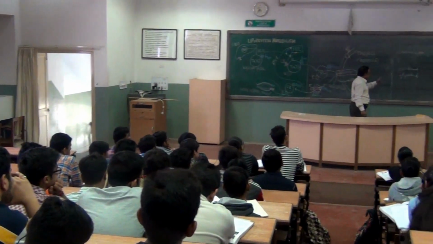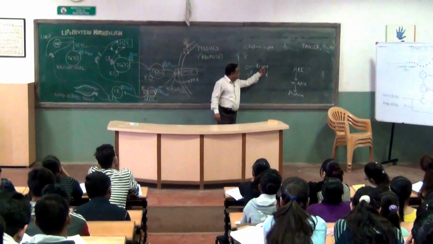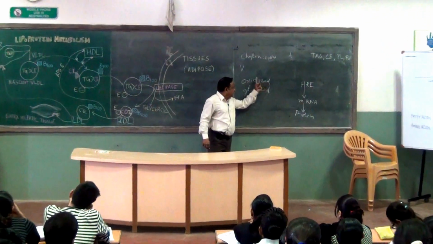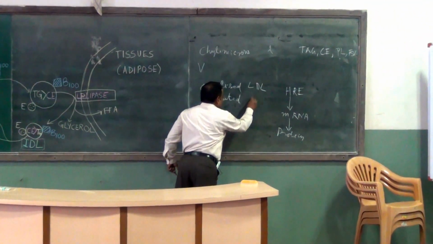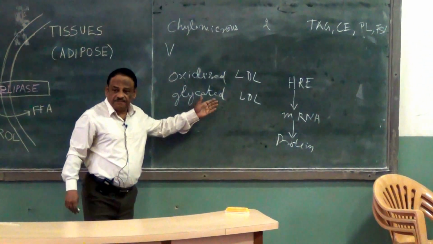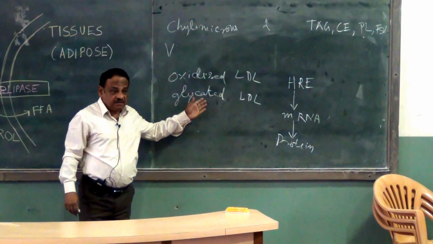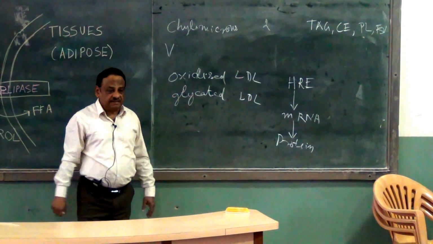So, when there are more free radicals, the lipid part may get oxidized, so it forms oxidized LDL. And glycated LDL can be there in hyperglycemia.